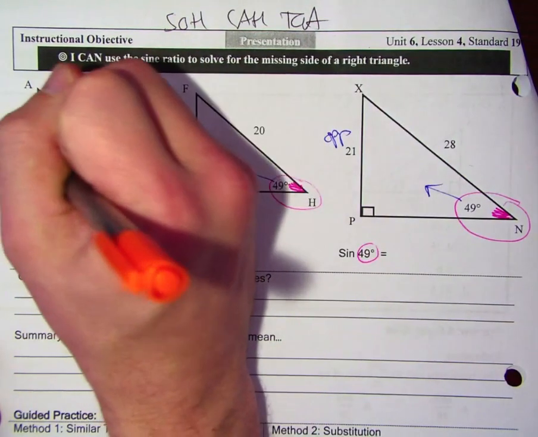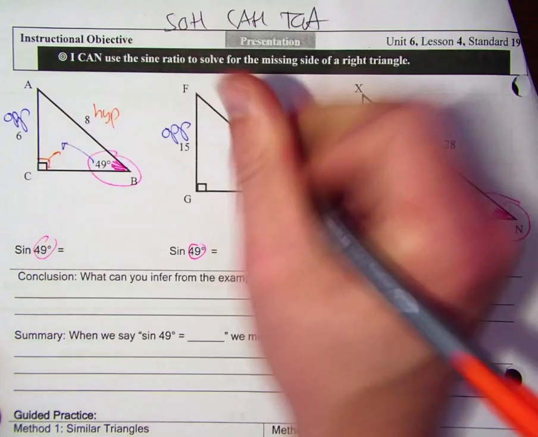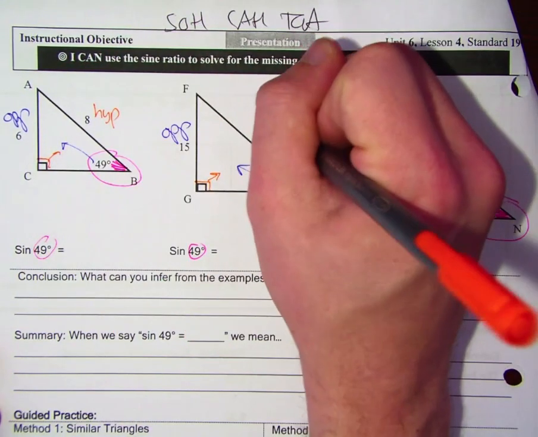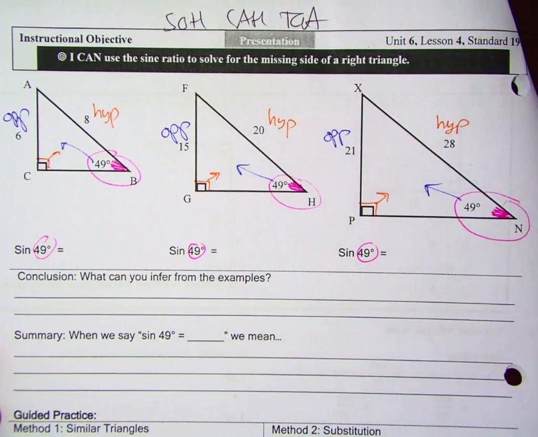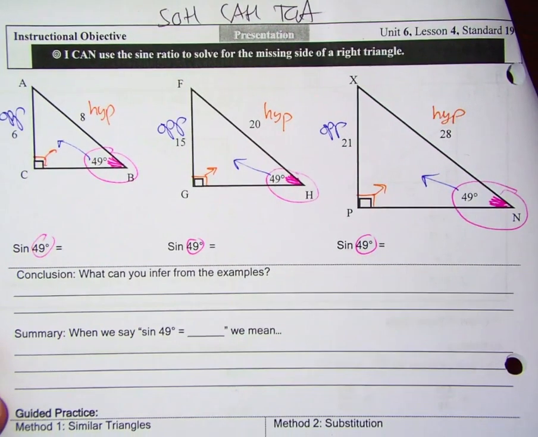And my hypotenuse. Okay. So the sine of 49 degrees is opposite over hypotenuse.